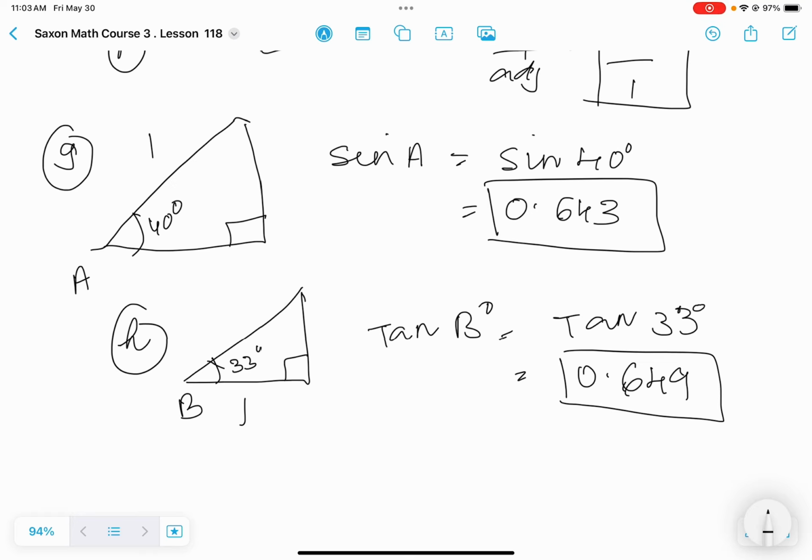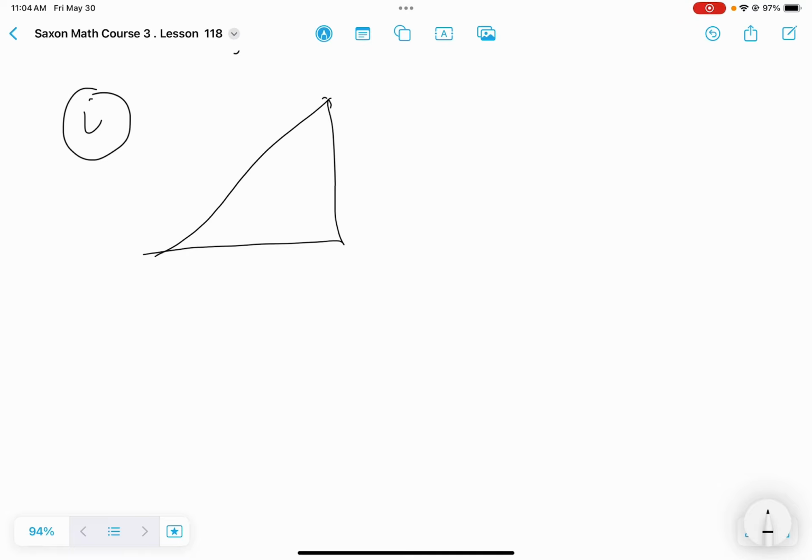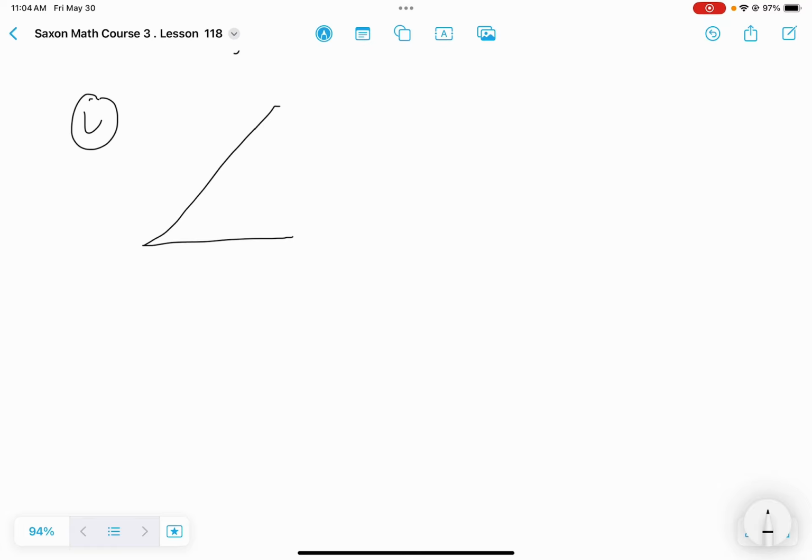Then what do we have next? I. Okay, let's go to I. Sorry, I'm just going to increase the page here. In I, we are given a triangle.